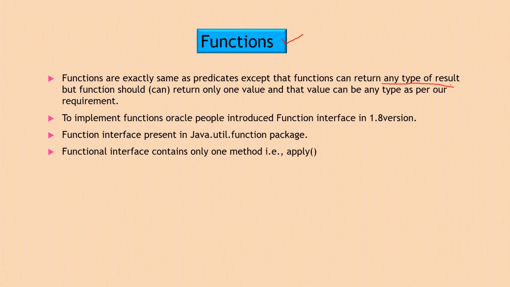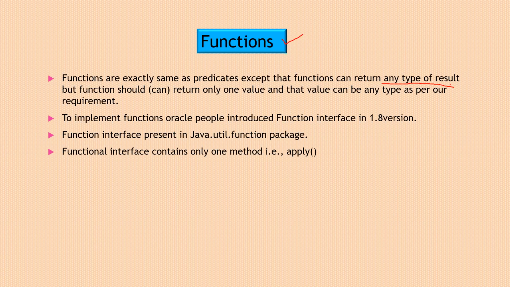I want to return integer, string, some object data type, or boolean. In that case, you should use the functions based on the requirement. You need to decide which functional interface to use in your project. This is the concept behind predefined functional interfaces here.